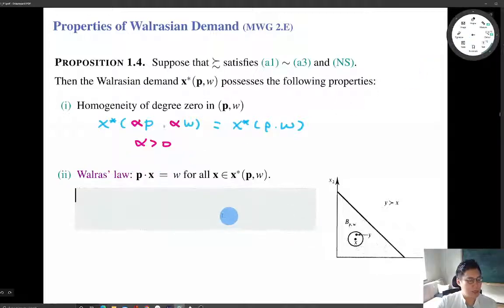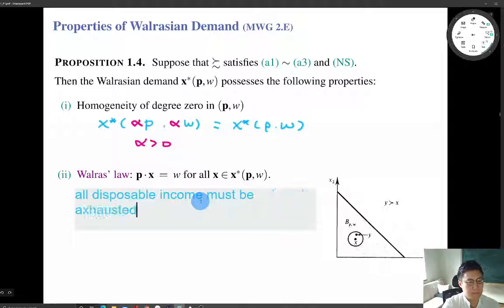The Walras' law states that all disposable income must be exhausted. In other words, the budget constraint must be binding at the optimum.